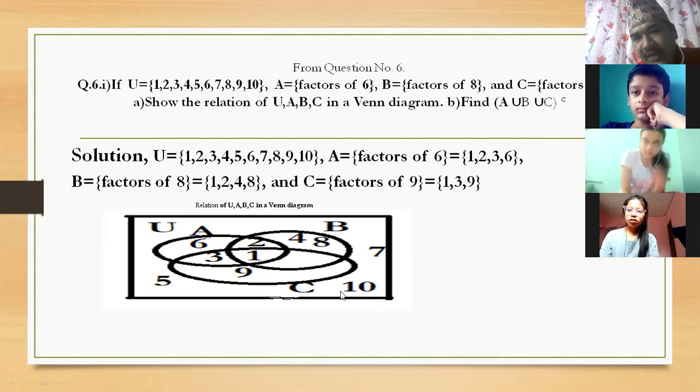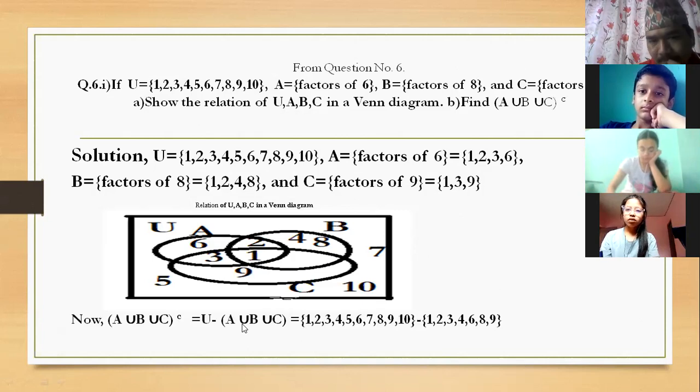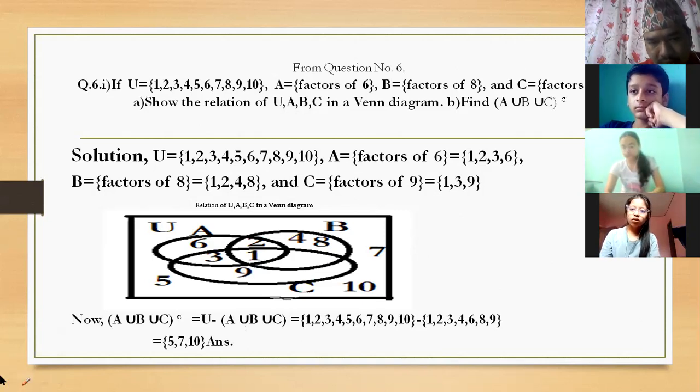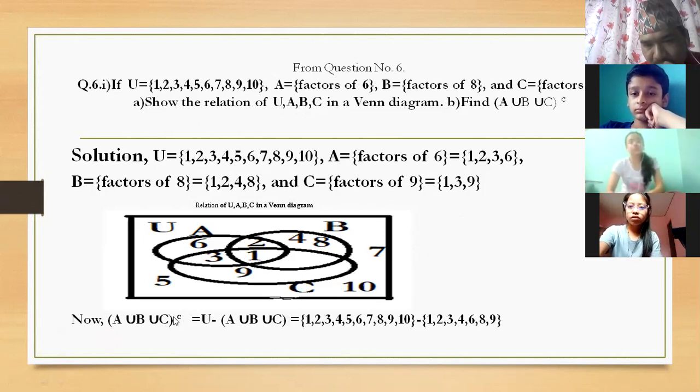Okay, children. First of all, A union B union C complement means the universal set minus A union B union C. The universal set is 1, 2, 3, 4, 5, 6, 7, 8, 9, 10, and minus the elements that you get by combining sets A, B and C, that is A union B union C: 1, 2, 3, 4, 6, 8, 9.